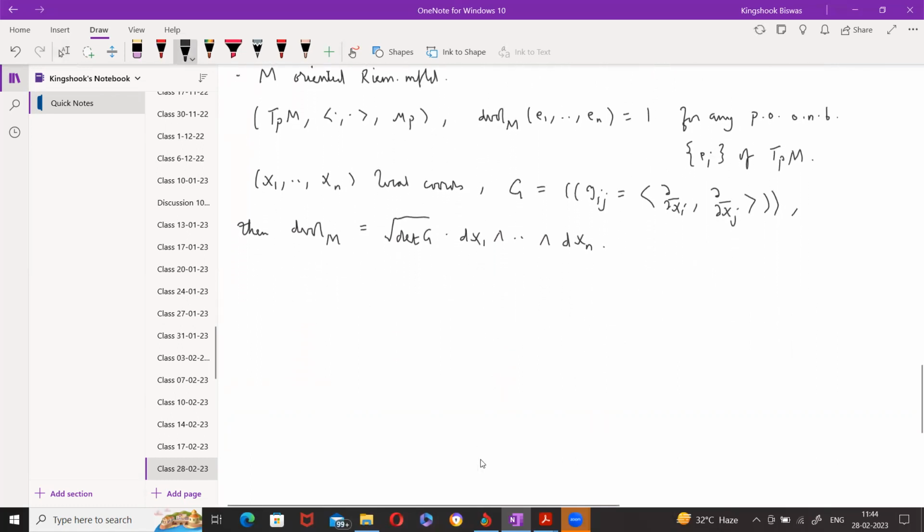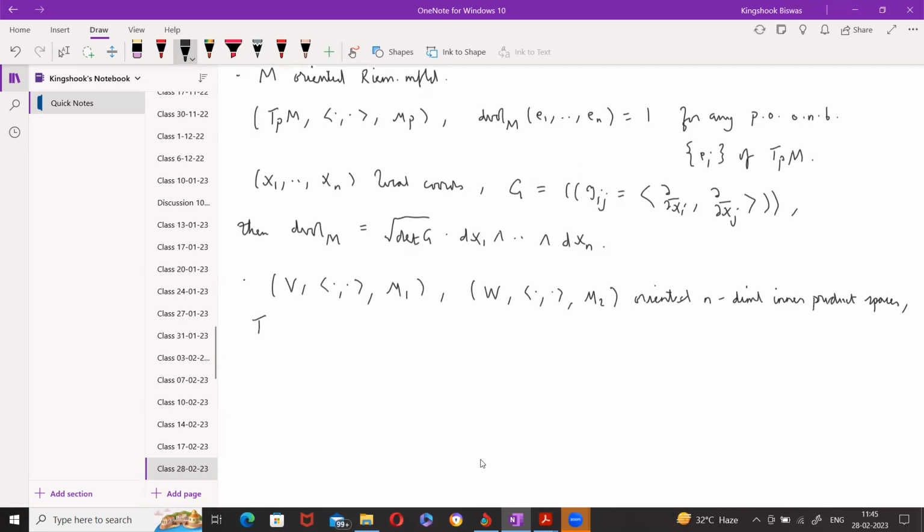Okay. Now, suppose that V and W are oriented n-dimensional inner product spaces, and T from V to W is a linear map.